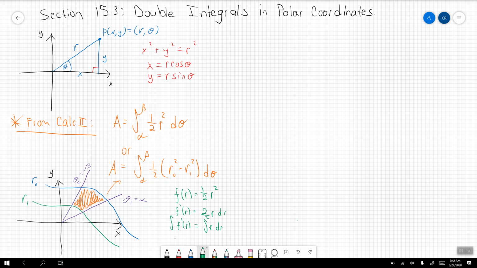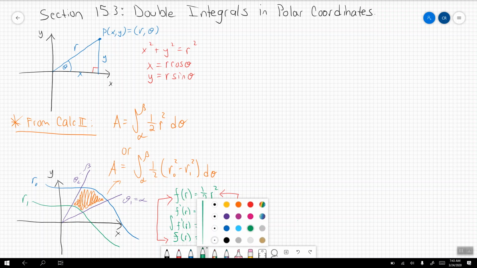And where we're at is this one: the function of r is equal to the integral of r dr. And this is where we want to be, because notice these two functions, the function with respect to the radius can be expressed in two different ways. And if it can be expressed in two different ways, that's going to be real nice, because I want you to observe this part right here. And let me see if I can choose a different color to show you that. Here we go. I'm going to go with purple.